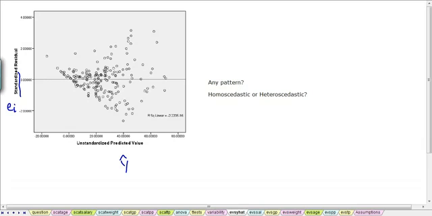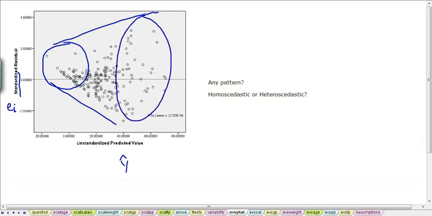And here we definitely see a pattern. We see what's called a funnel pattern. So in this particular funnel pattern, when the predicted values of y are small, the residuals tend to be smaller in value than when the predicted values are large. So we definitely see a pattern. So that means that homoscedasticity is violated.